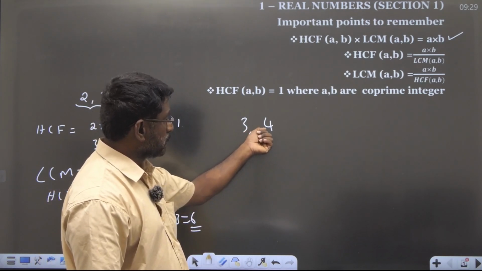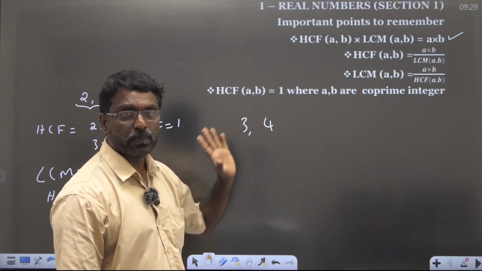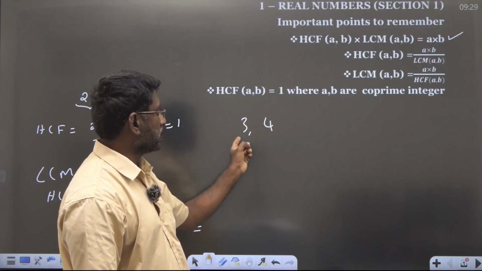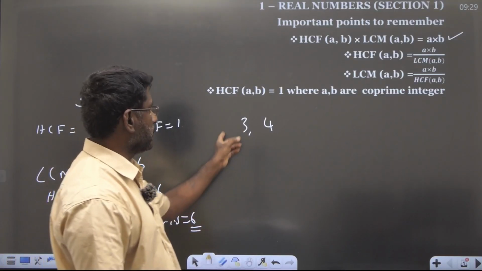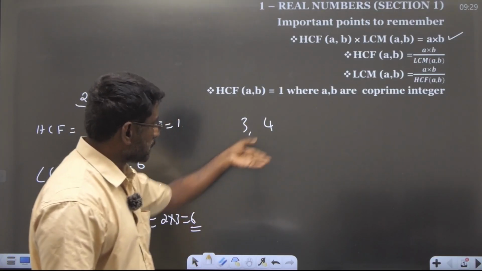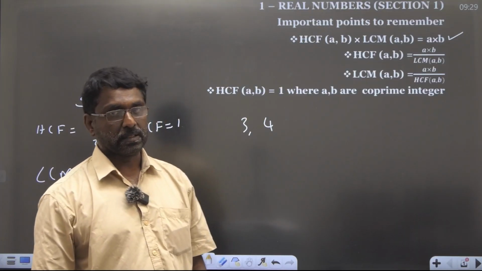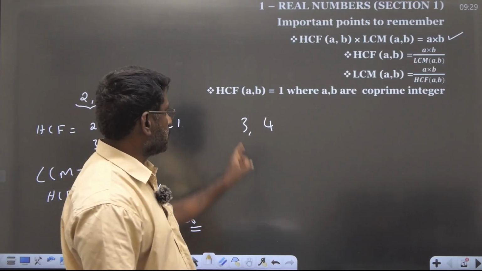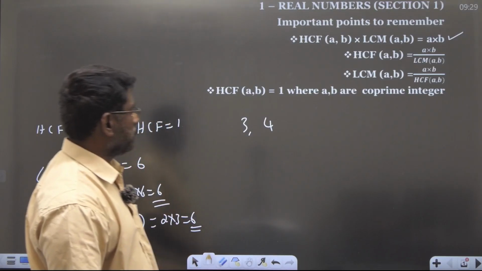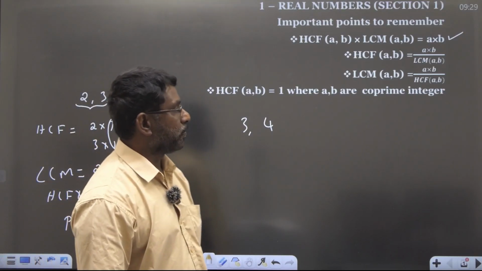Co-prime numbers can include a non-prime number, that is not a problem. If we consider 3 and 4, the highest common factor is 1, so we can say that it is a co-prime pair. 4 is a non-prime integer, 3 is a prime number, but 3, 4 is a co-prime pair.